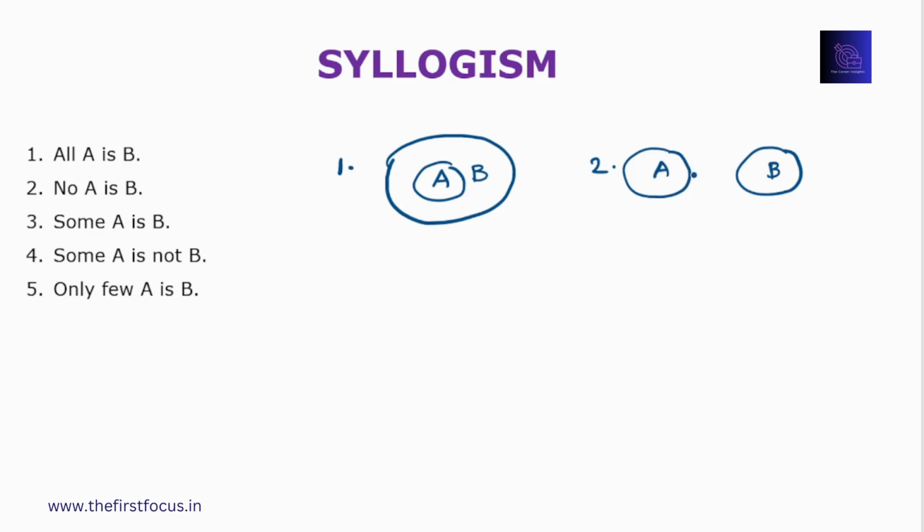We have to indicate the relation that no A is B. So we are indicating that no A is B. A is not in condition with B.